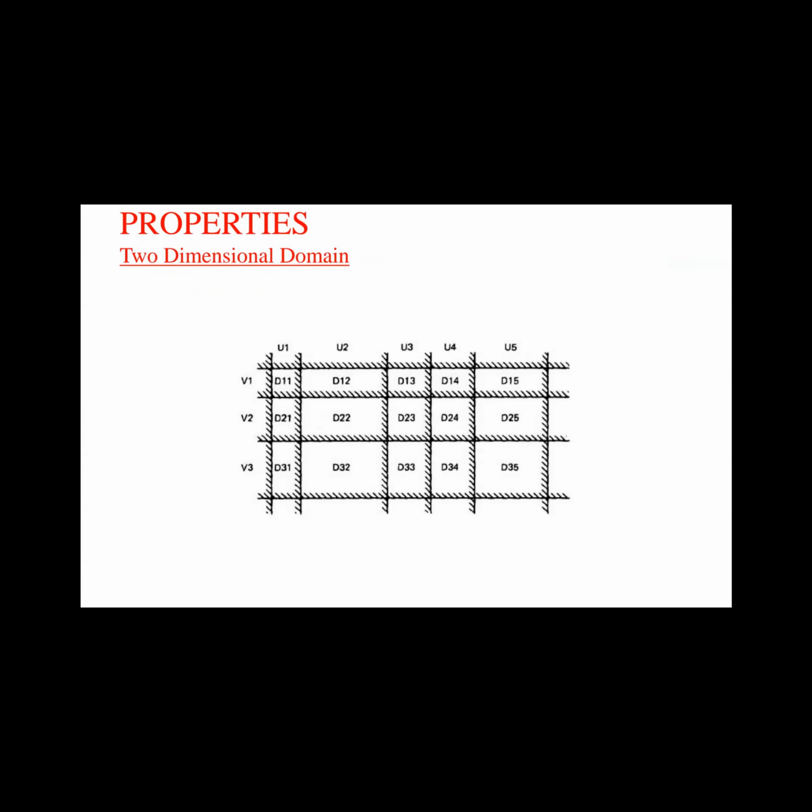D11 is one domain; it has boundaries V1 and U1. Again, D12, D13, D14, D15 are all domains. They have two boundaries compulsorily. D12 has V1 as one boundary and U2 as another boundary. Like that, D15 also has V1 as one boundary and U5 as another boundary.